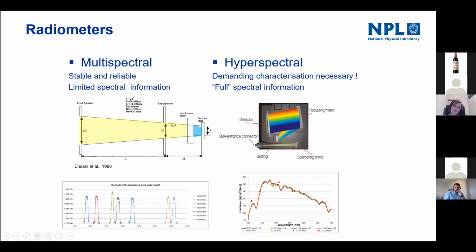So for our work, we use mostly radiometers, and again, we can have multispectral radiometers, which are stable and reliable, but they give us limited information. And the world went hyperspectral, where we have full information about the spectrum of interest, and we really use a lot of hyperspectral instruments, but they really are more demanding in terms of characterization, especially when we take them outside the lab.